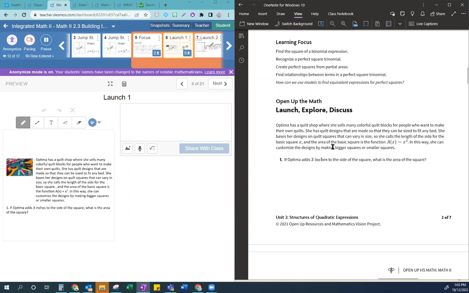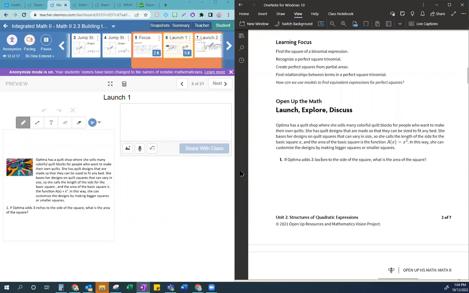She bases her design on quilt squares that can vary in size. She calls the length of each side of the basic square x, and the area of the basic square is the function a of x. So the area with side length x is x squared. In this way, she can customize the designs by making bigger or smaller squares.